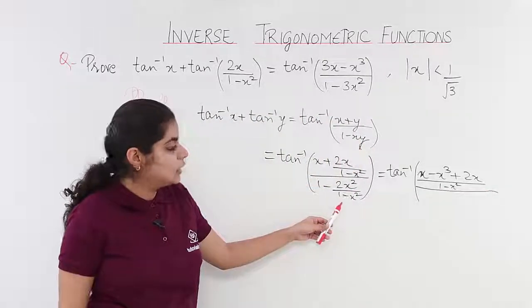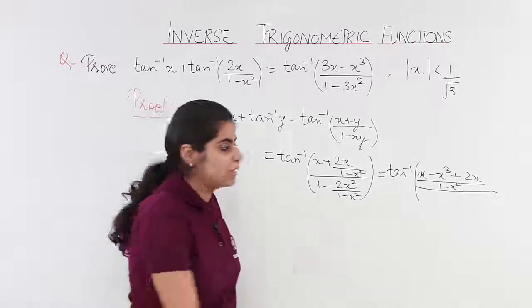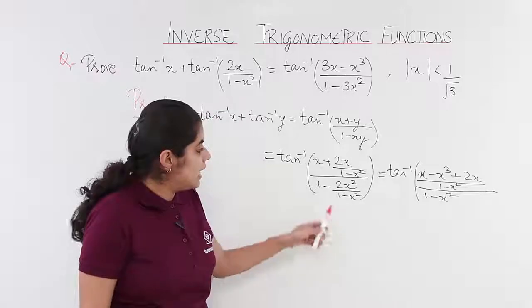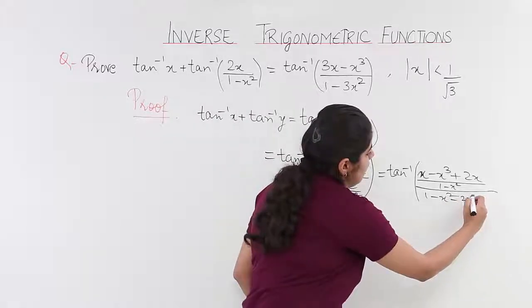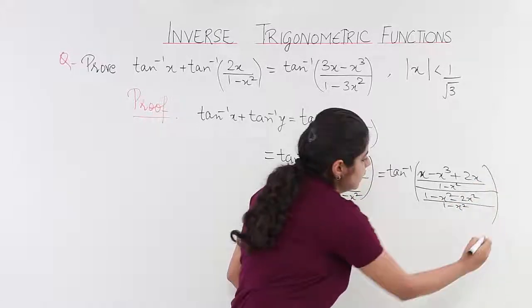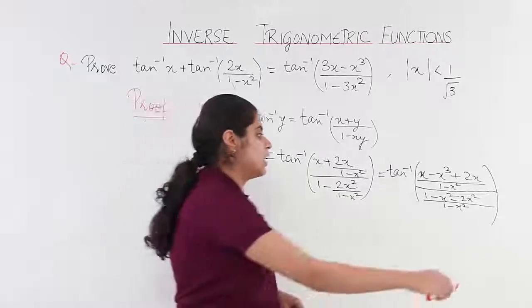What is the thing in the denominator? By cross multiplying, 1 minus x square into 1 is 1 minus x square. Again I have minus 2x square, and the denominator remains the same, 1 minus x square. We already know how to take the LCM. It is simple mathematics.